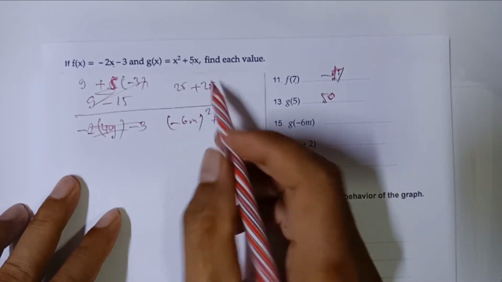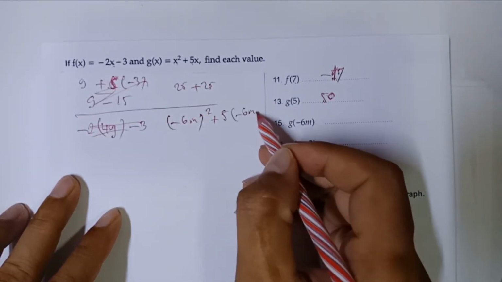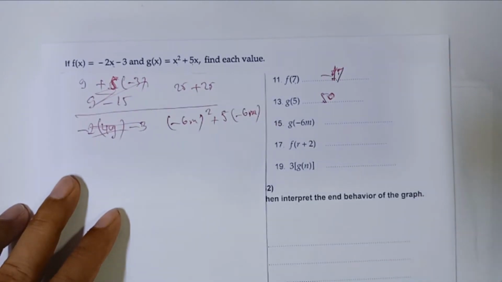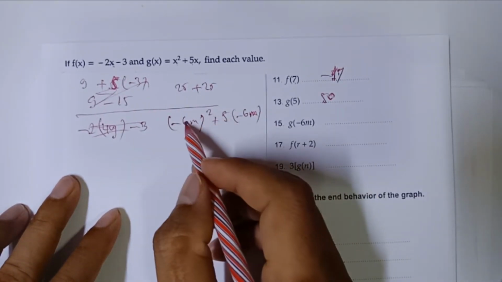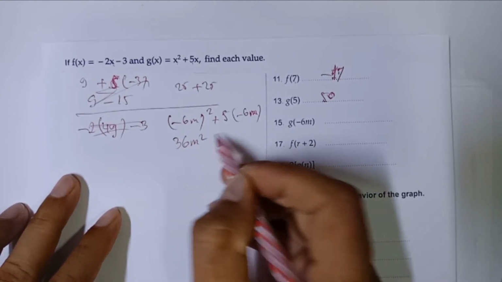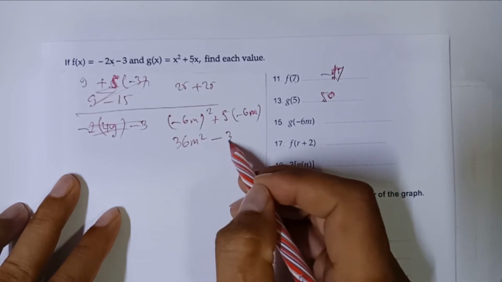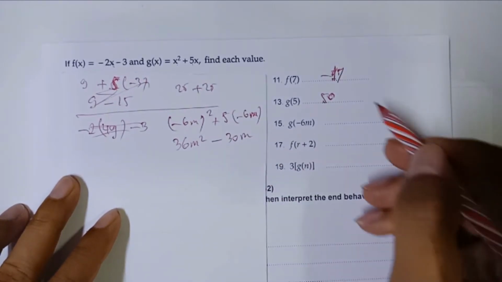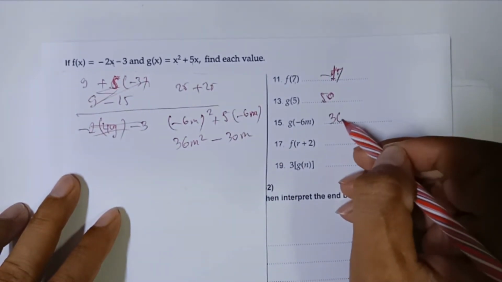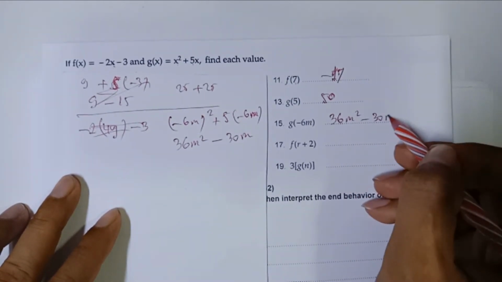Plus 5 times x, but your x here is negative 6m. Like this. So negative 6 times negative 6 is 36 m squared, and this is plus 5 times minus 6m, becomes minus 30m. So you have 36 m squared minus 30m.